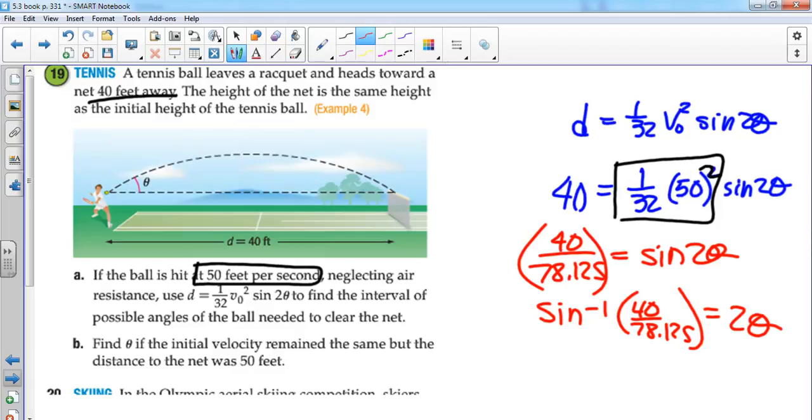There should be 2 answers. Samuel has the correct alarm in his head. So you get what, 30 point something? 30.8. Or 149.2.